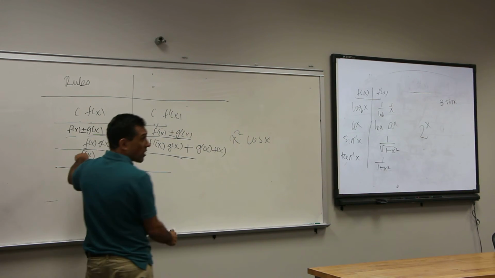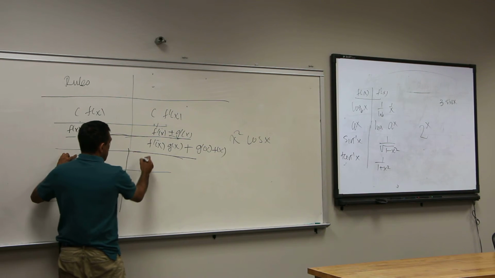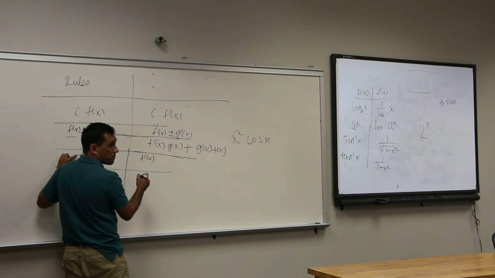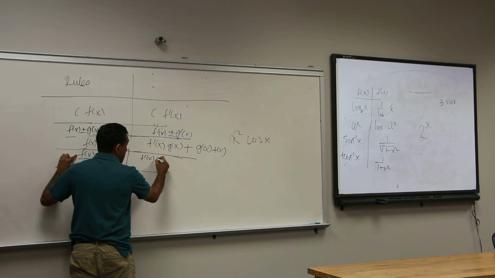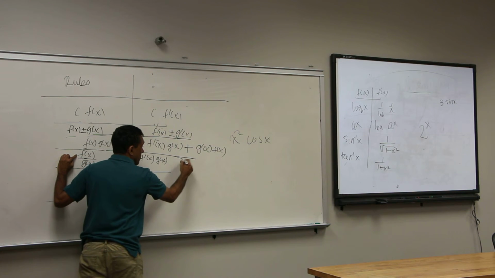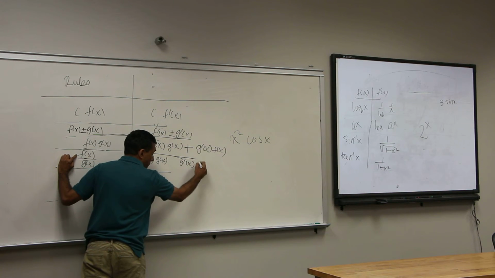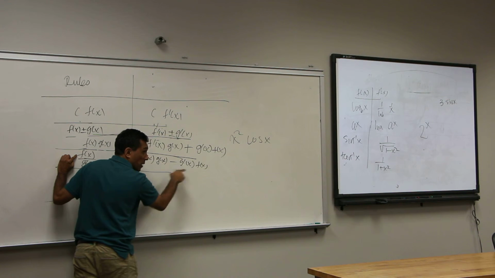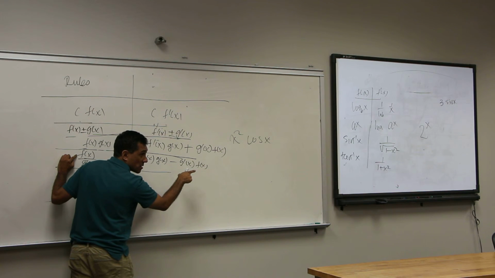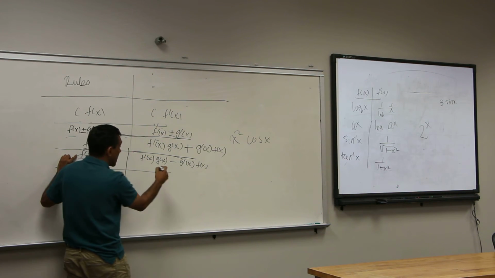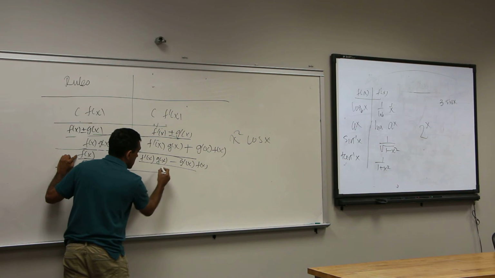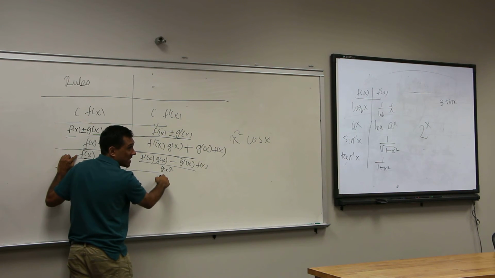You take the derivative of f multiplied by g, take the derivative of g multiplied by f, and subtract. Then divide by g of x squared. So g and f are very different.